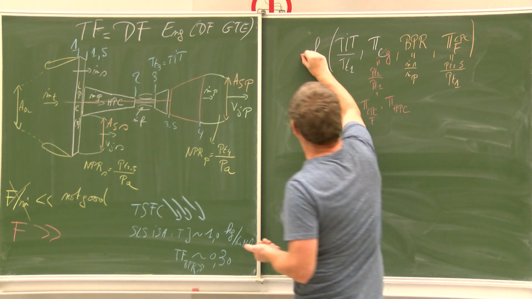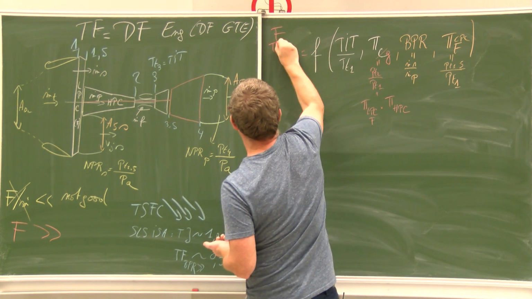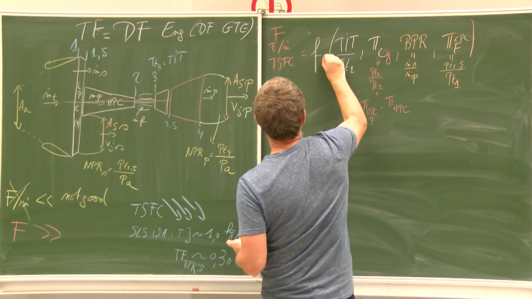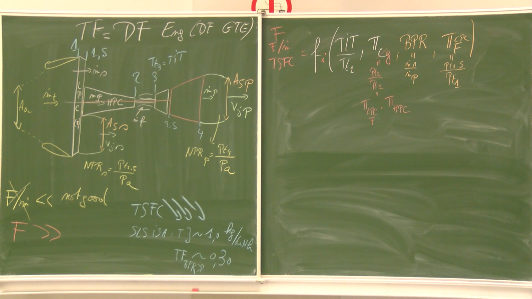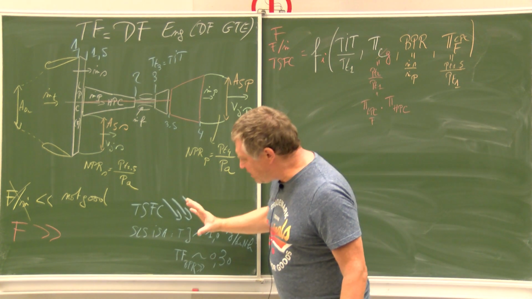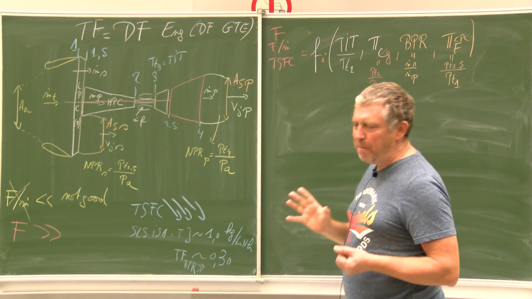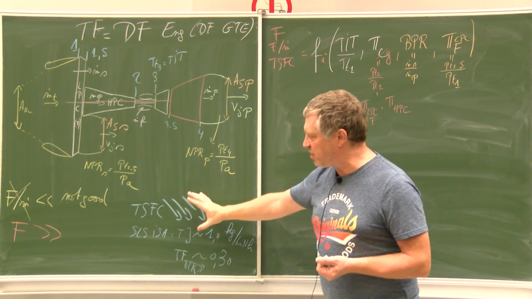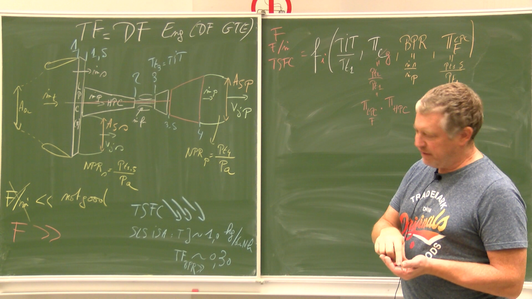And the thrust divided by m dot, and the TSFC, these are different functions of these four design parameters. So it is thanks to the higher complexity of the engine that we are able, of course, to reach this lower TSFC.